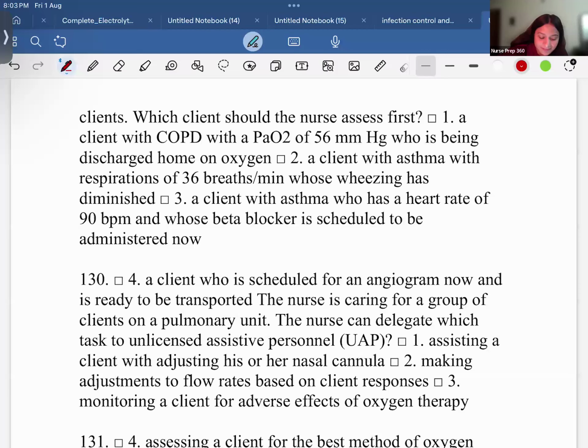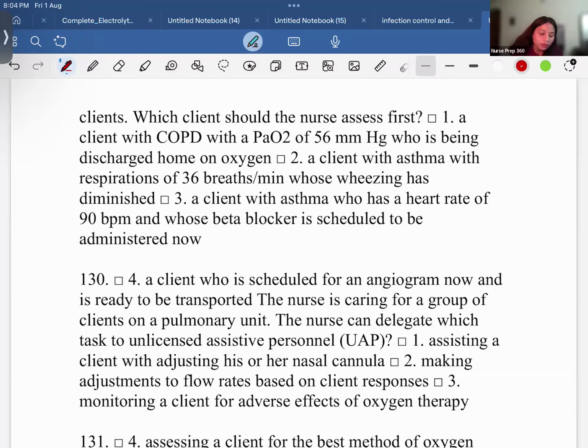Option 1. A client with COPD with a PO2 of 56 mmHg who is being discharged home on oxygen. Option number 2. A client with asthma with respirations of 36 breaths per minute whose wheezing has diminished. Option number 3. A client with asthma who has a heart rate of 90 bpm and whose beta blocker is scheduled to be administered now.